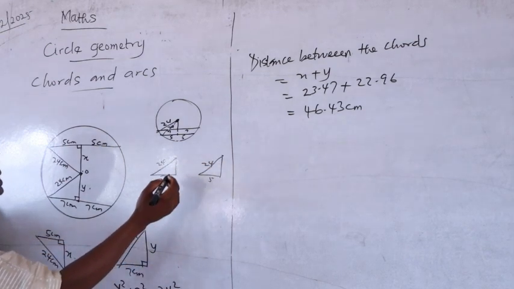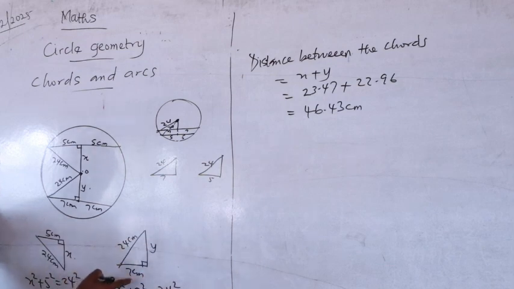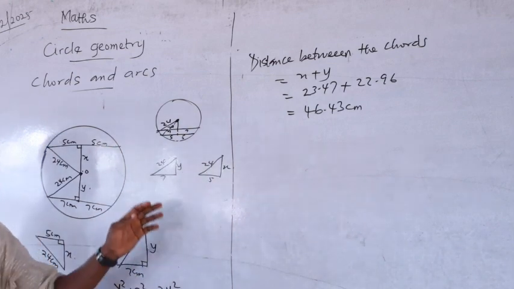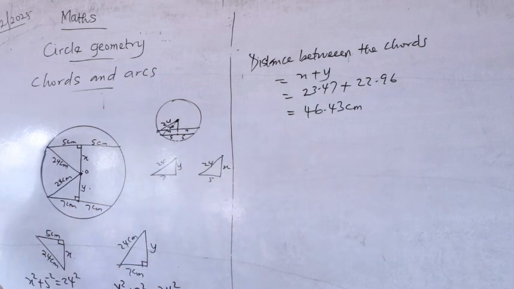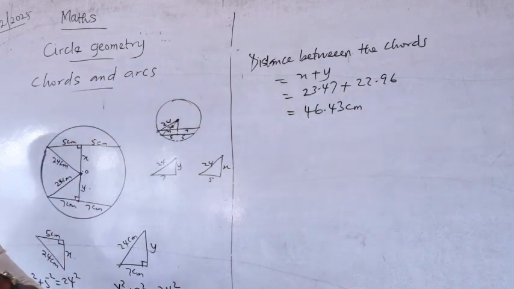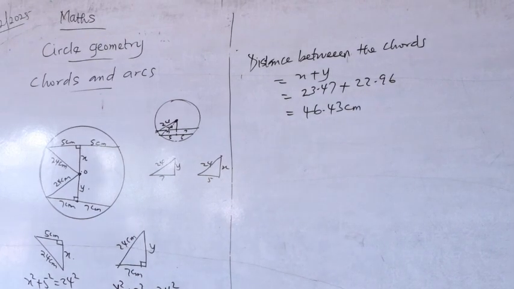Which one did I use at 24, 7 here? I used y here, right? Then here we have 5 and I use x. Now, when you solve it, you still have the same answers. But this time, in order to find the distance between the chords, it's going to be subtraction, not addition again. Are you with me now? Subtraction. Is that taken? Okay, so that is that.